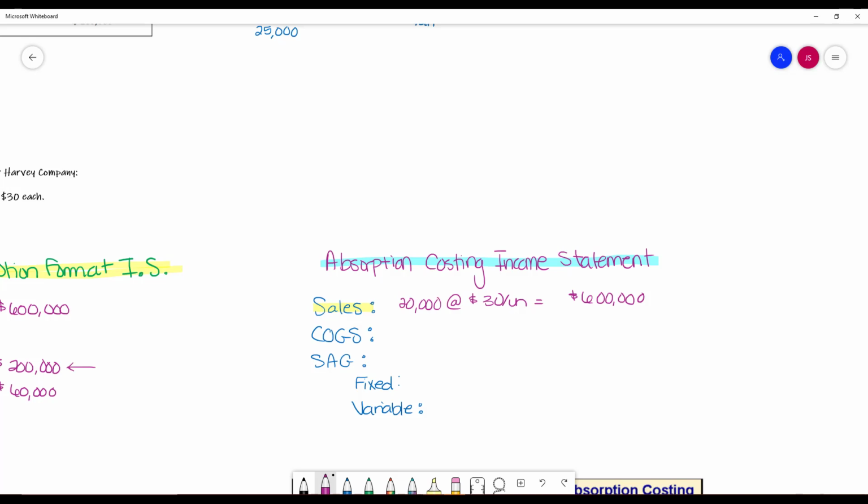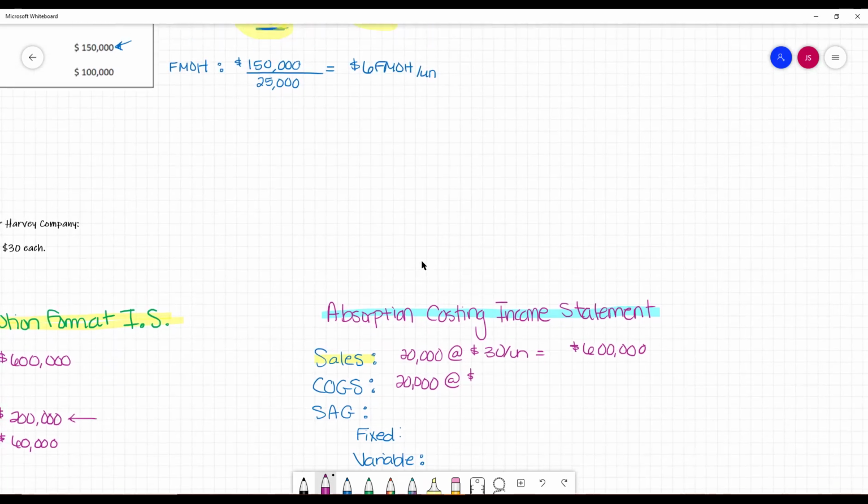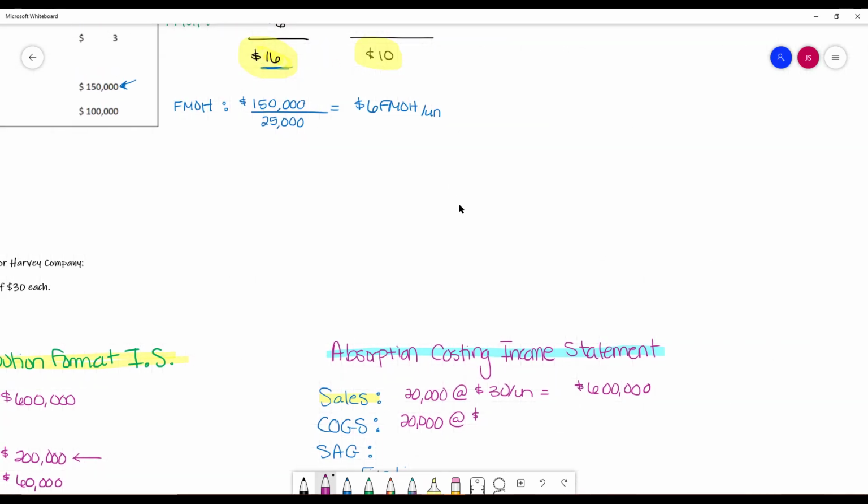The cost of goods sold, however, that's what's going to be different, because here the cost of goods sold includes variable and fixed elements, where under variable costing it's just the variable cost of goods sold. But we know under absorption costing that the product cost includes fixed manufacturing overhead. So we sold these 20,000 units, but the cost per unit to produce under absorption costing, remember, that's $16 instead of $10.